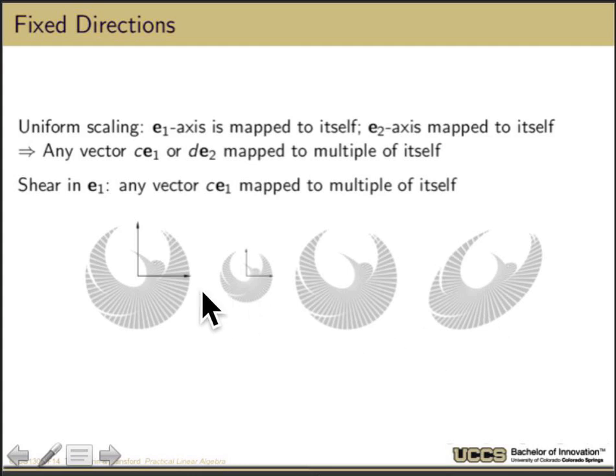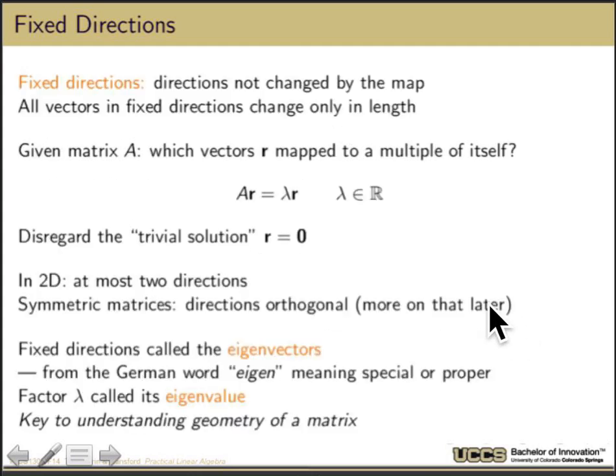And so in the shear map, the E1 direction is a fixed direction, right? Things just got mapped to a multiple of themselves, so it's not exactly fixed. The direction is fixed, the magnitude is not. But for the E2 direction, things change significantly. So the idea of fixed directions: these are directions that are not changed by the map. All vectors in the fixed direction change only in their length.